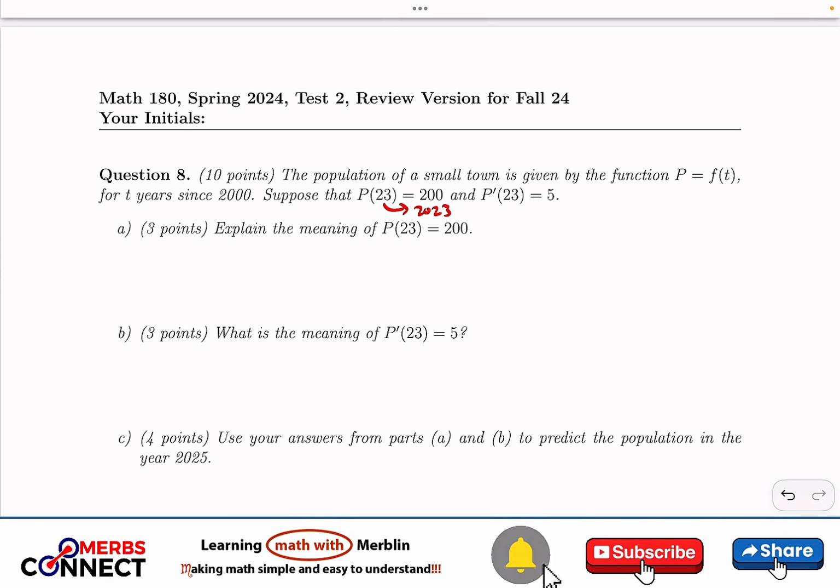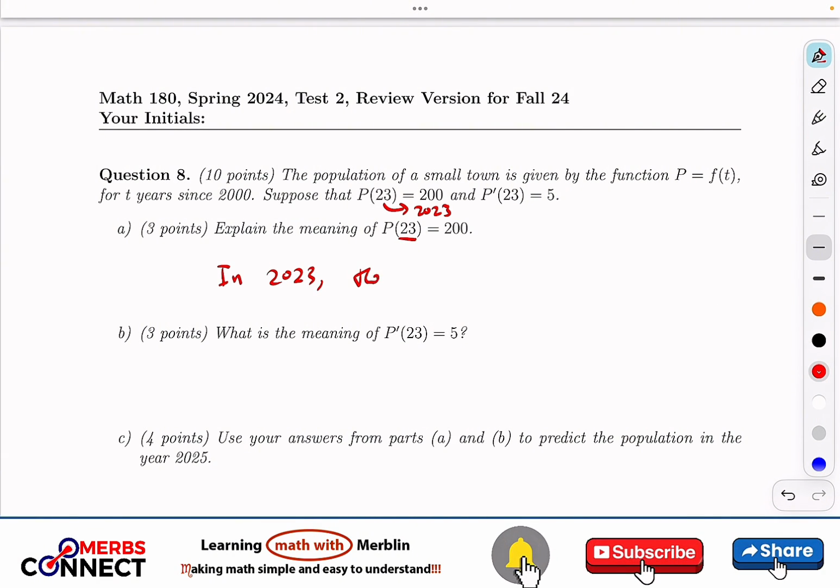So now what will be the interpretation for this? We are going to say that in 2023, there are 200 people in the town, or the population is 200.